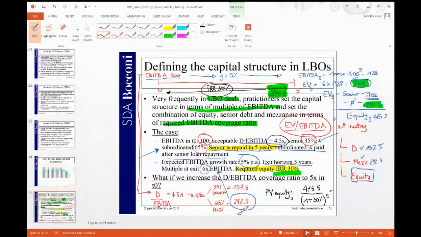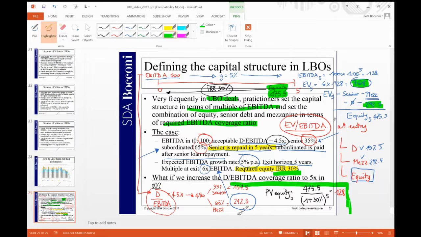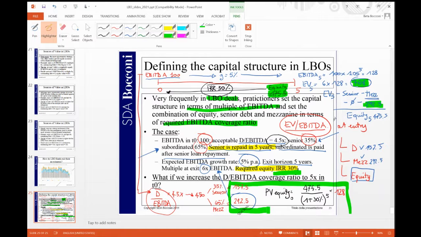And so if we calculate this value here, the last layer of the capital structure to be added to the debt over EBITDA is an amount, if I made my calculations correctly, of 128. So all in all, my capital structure, which is compatible with the amount of debt over EBITDA required by creditors and with the internal rate of return of 30% required by the private equity investor, is 128.